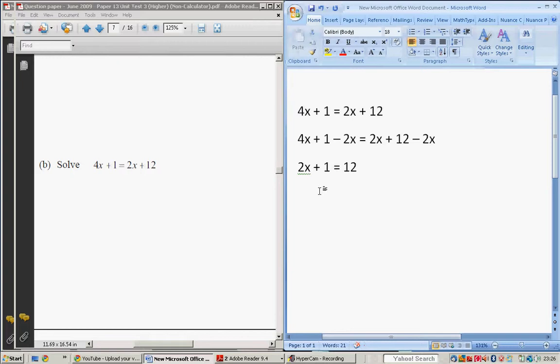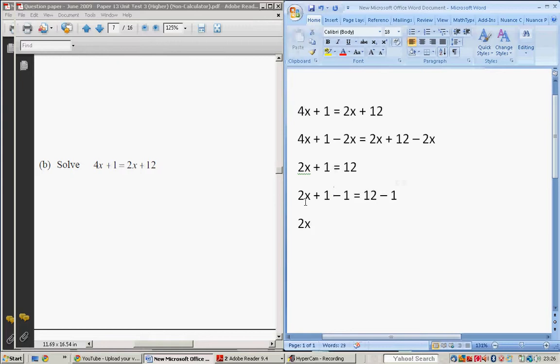So we do 2x plus 1 minus 1 equals 12 minus 1. It equals it because we do the same thing to both sides. We subtracted 1 from one side and we subtracted 1 from the other side. Take 1 away from one expression, take 1 away from the other expression. So they still remain equal. We haven't done one thing to one side that we didn't do to the other.